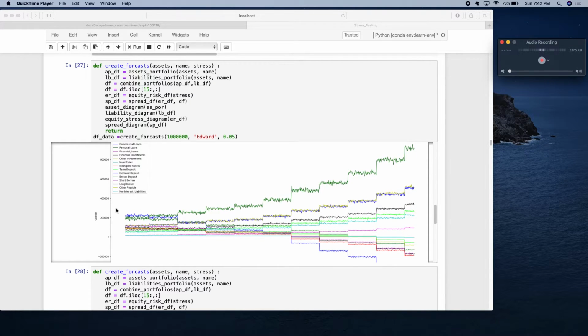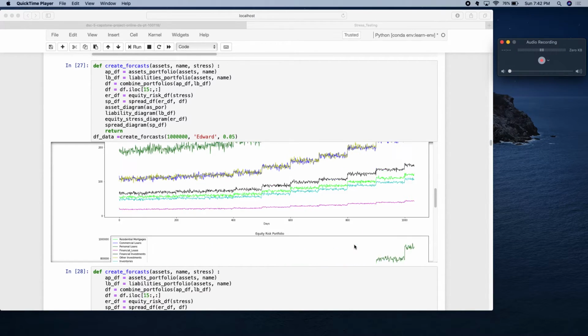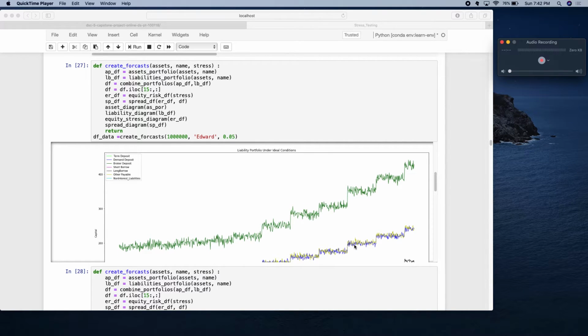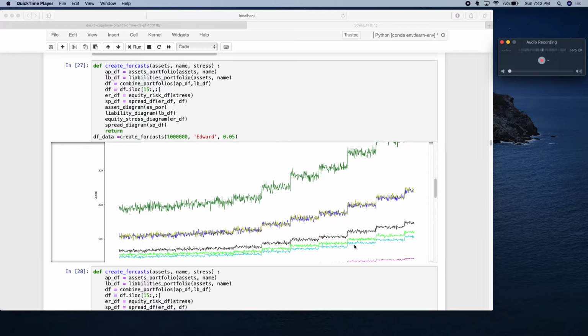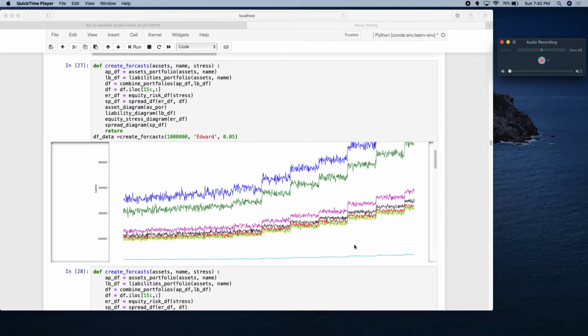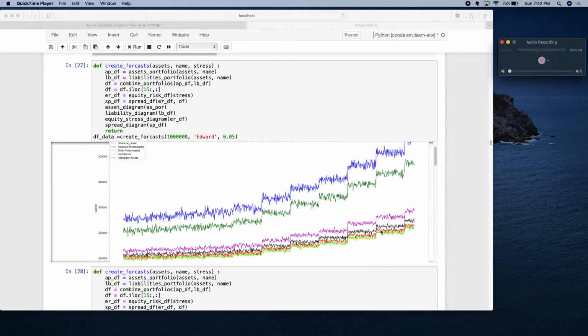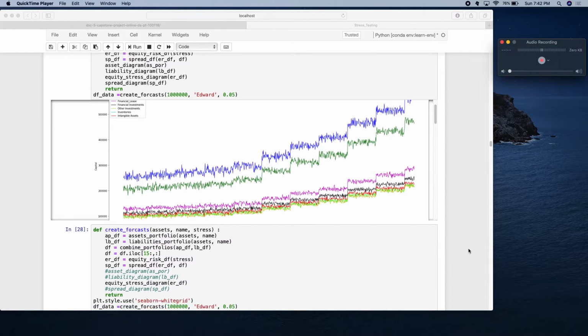And it would be ideal, obviously, to relocate the capital from, say, commercial loans and put it into broker deposits, because the broker deposits do a little bit better. They still are gaining money when, unfortunately, the commercial loans start to lose money.